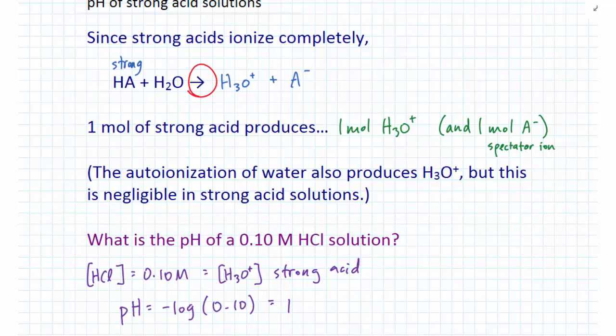But because there were 2 significant figures in that concentration, our answer will not be just 1, it will be 1.00. Those 2 significant figures became the 2 decimal places in the pH.